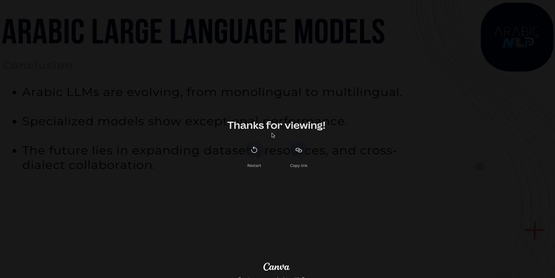Now we are doing more work on reasoning capabilities for these Arabic language models, and the future lies in bridging the regional and dialectal gaps, to scale these models and leverage collaborative efforts. So that was everything, and thanks for listening. Thank you.